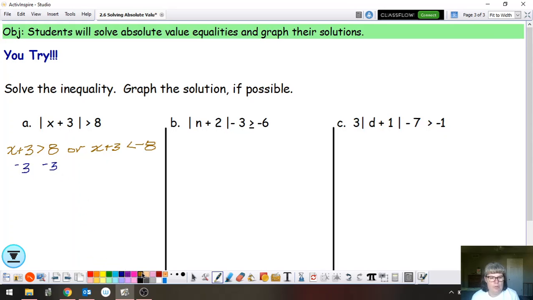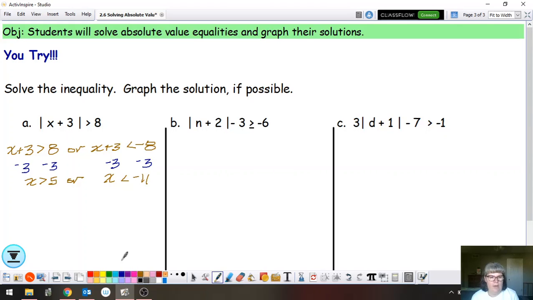We need to subtract 3, so x will be greater than 5, or subtract 3 as well on the other inequality. x will be less than -11.